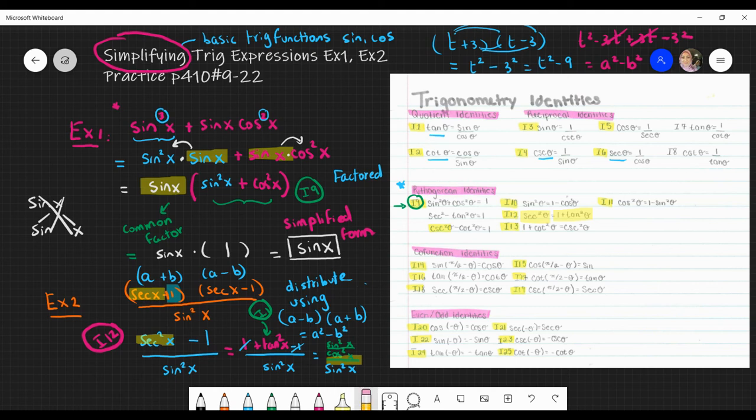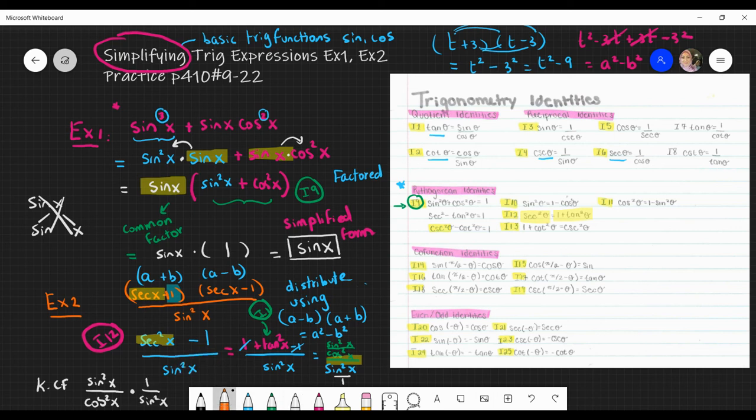When we divide and there are fractions, we do the keep, change, flip. So we are going to keep sine squared over cosine squared, change the division into multiplication, and flip the bottom fraction.